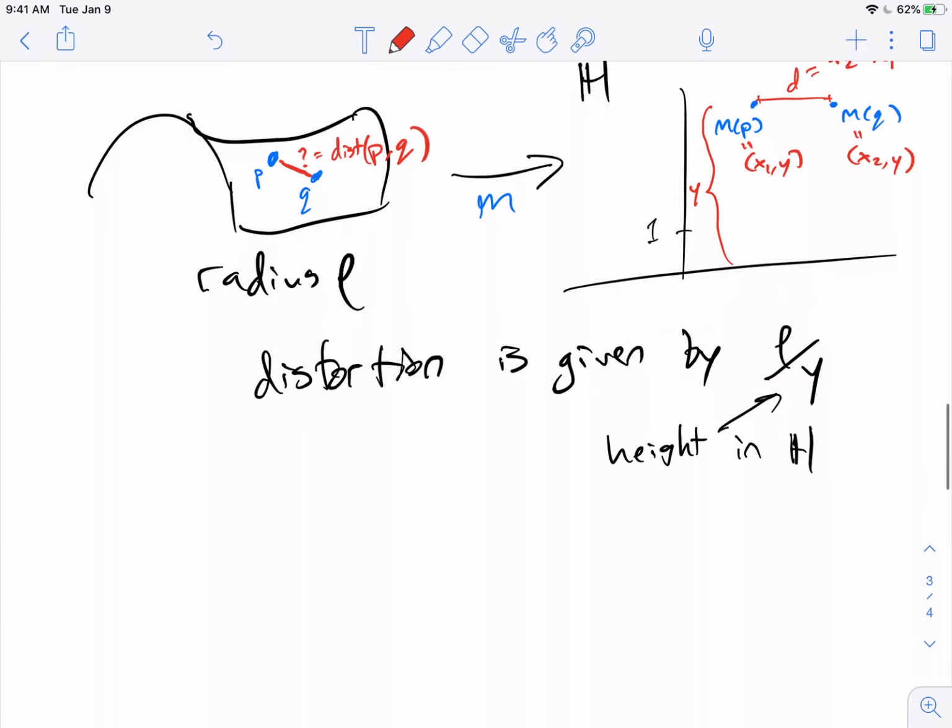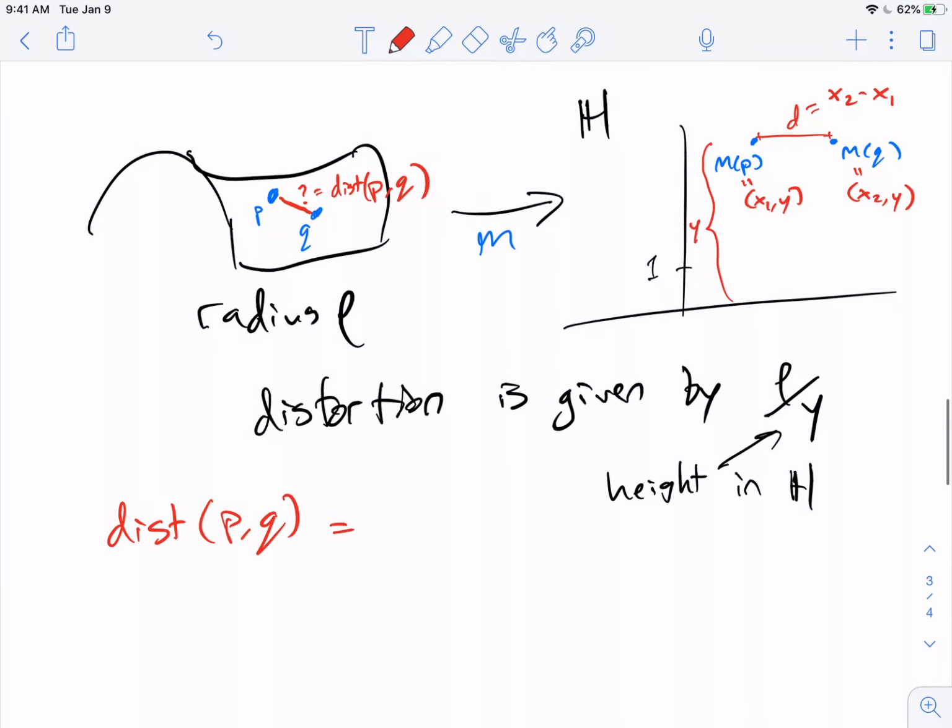And so the distance in the hyperbolic sense between P and Q is going to be equal to the distance between M of P and M of Q, which is just D, times the distortion factor of rho over y.